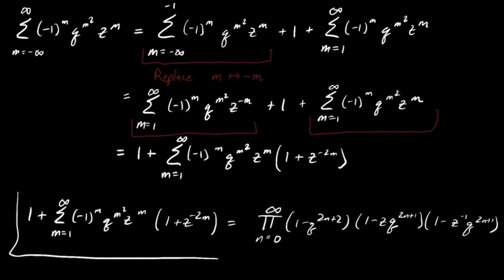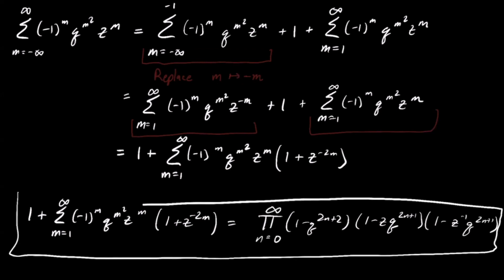So this is another formulation of the Jacobi triple product identity, right? This is just another formulation of the Jacobi triple product identity.